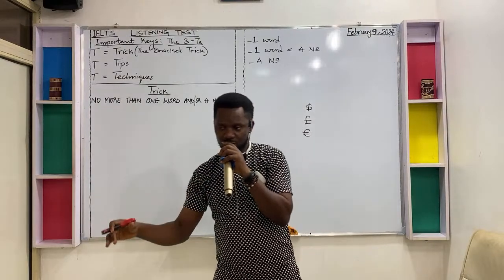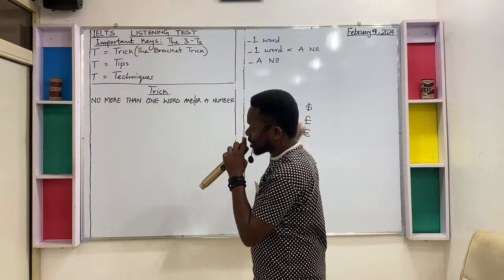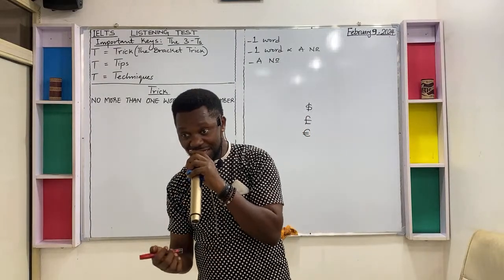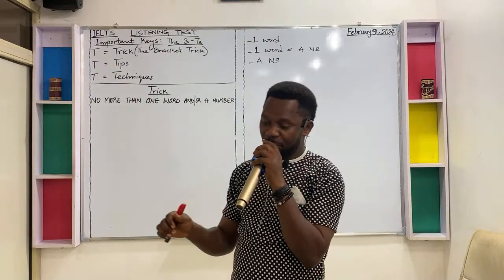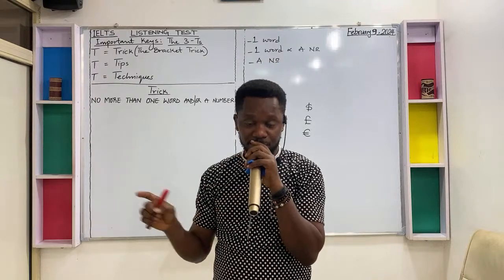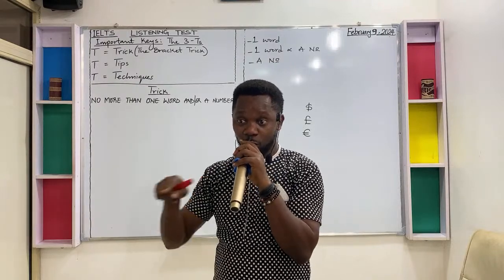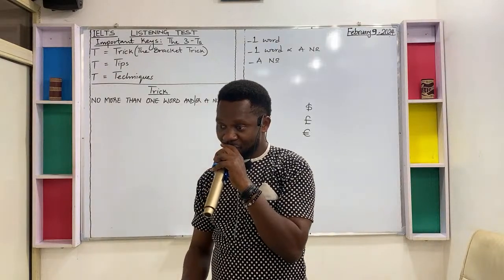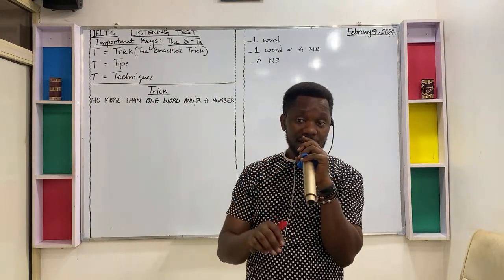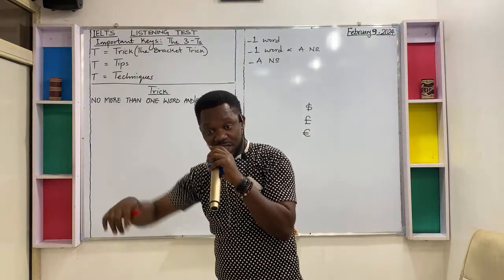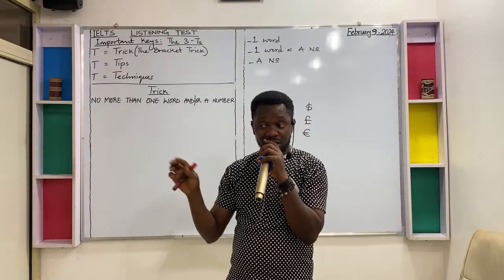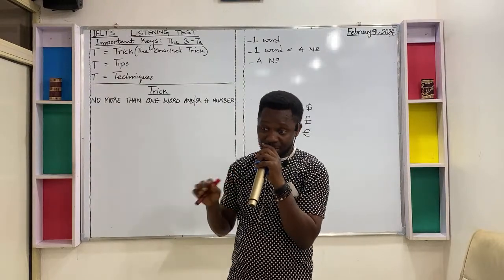If the question has the dollar symbol already, please, on your answer paper, do not bring in the symbol as part of your answer. It will annul your answer and make it incorrect. If the question already has the currency symbol written on the question paper, on your answer sheet, don't write the currency symbol anymore.